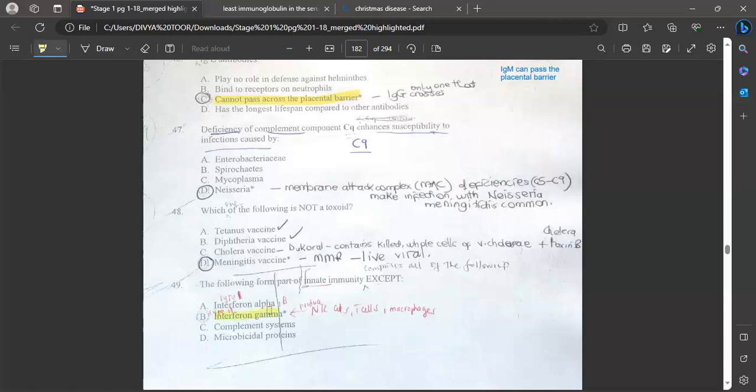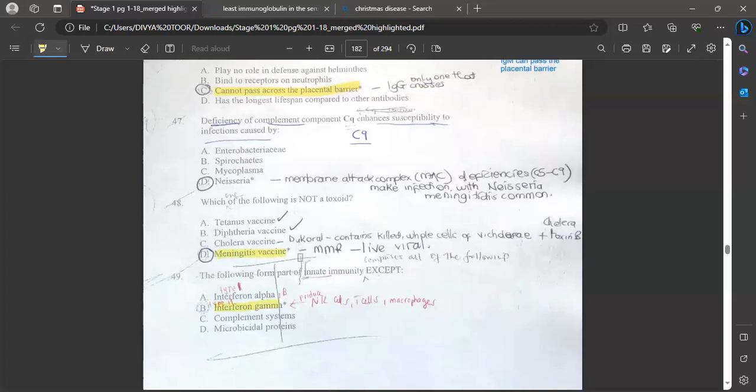And then which of the following is not a toxoid? Tetanus is, diphtheria is, cholera. Is it? Yes, cholera is the toxin that causes it, so meningitis.